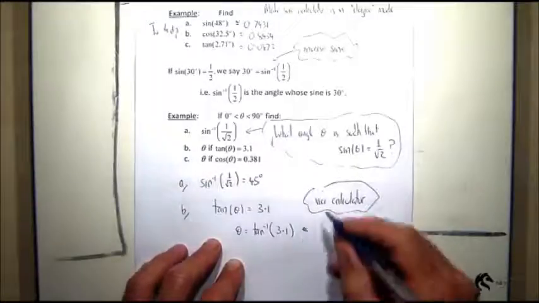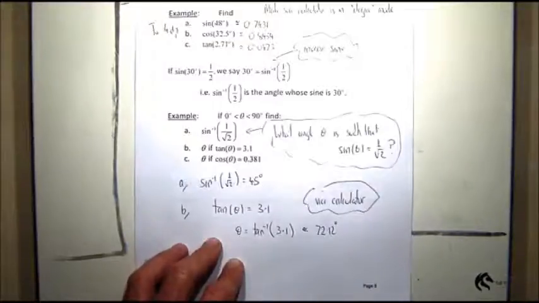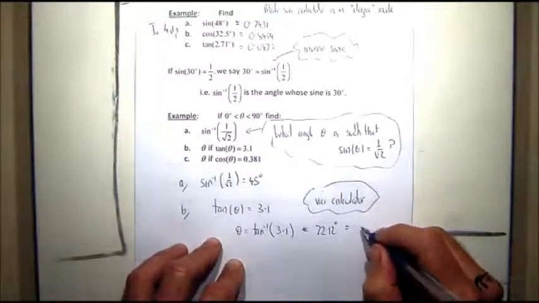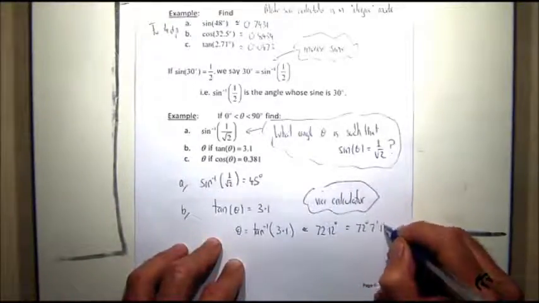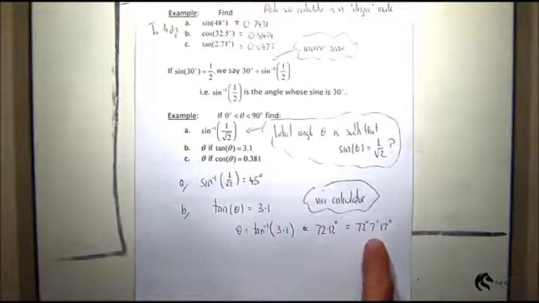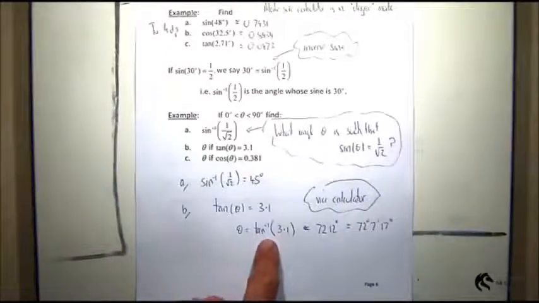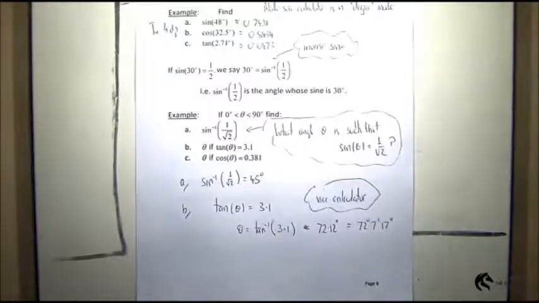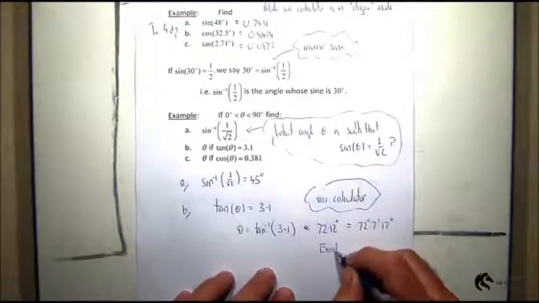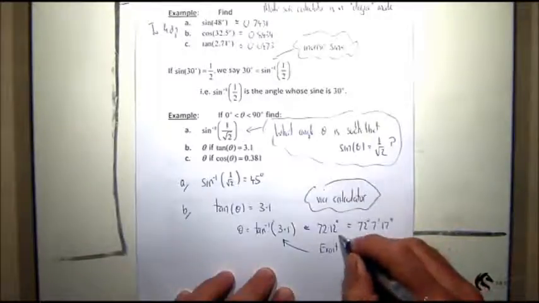It'll be something like 72.12 degrees to 2 decimal places, which would be, if you were to convert it, something like 72 degrees, 7 minutes and 17 seconds. But that is just an approximation. So the exact answer would be tan inverse 3.1. The approximate answer would be 72.12 degrees. So that's exact, and this one is approximate.